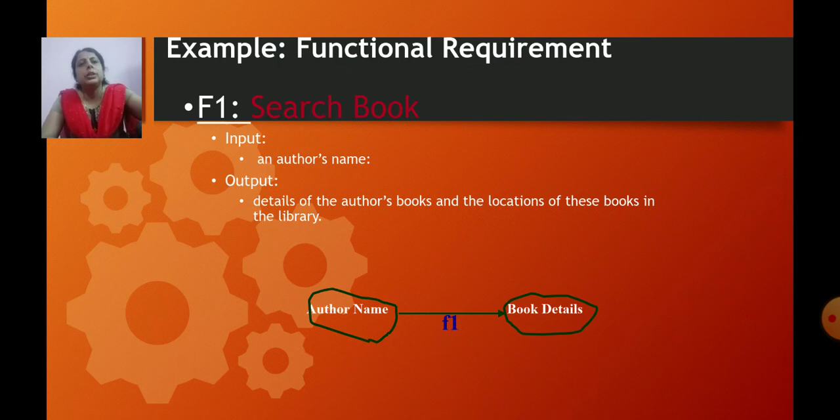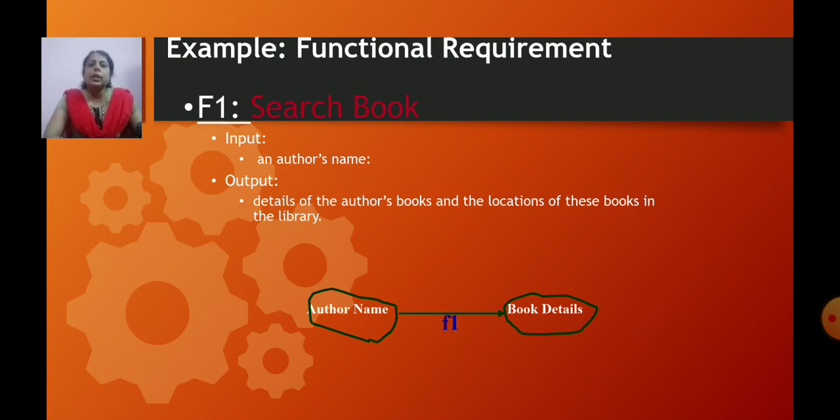This is an example of functional requirement for a library software development system. For a library system, search book is a function. In search book, the input is the author name and the output is the details of the author's books and the location of these books in the library.